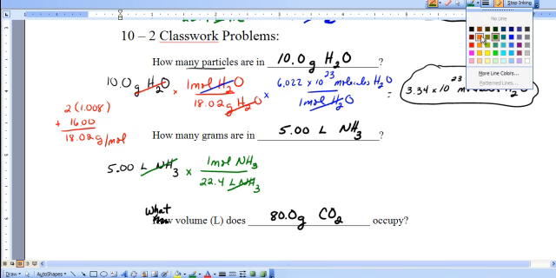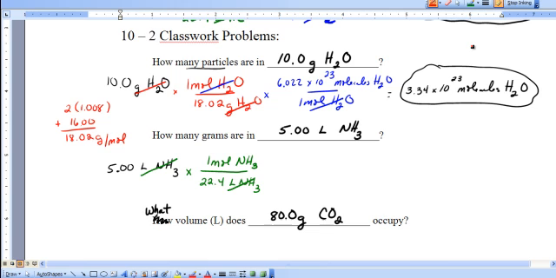And now we got to go to grams using the molar mass. Of course, you do have to add these up. We have nitrogen, which is 14.01, plus 3 hydrogens at 1.008 apiece. And when you solve, you should get 17.03 grams per mole.